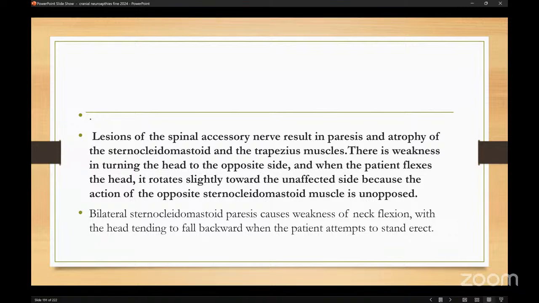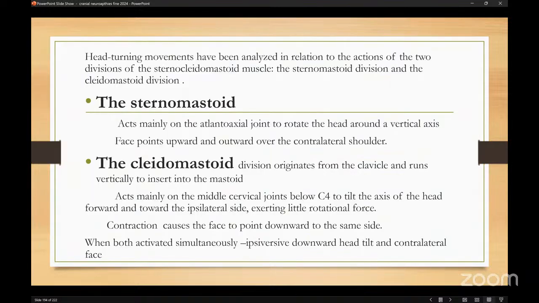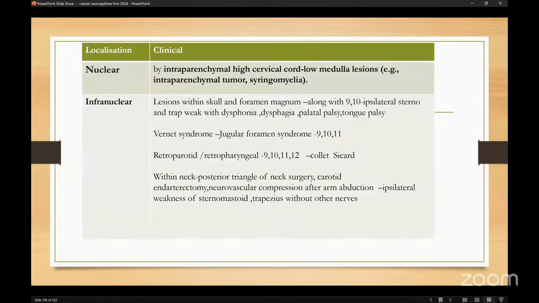And if you have trapezius and sternocleidomastoid both involved on the same side, then what would be the localization when it comes out of the brainstem? Till the brainstem, that is supranuclear, it is crossed, that is ipsilateral sternocleidomastoid and contralateral trapezius. But once it comes out, the infranuclear part, it is the same side sternocleidomastoid and trapezius. Okay, this is what I have tried to describe over here, basically.